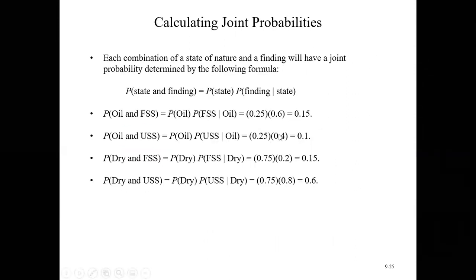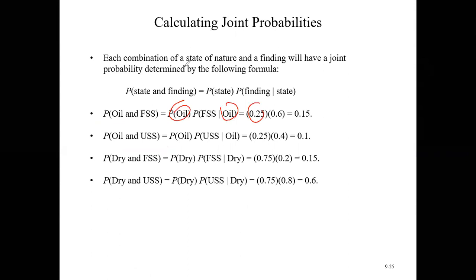Okay, so for us to be able to calculate our posterior probabilities, we need to know what our prior probability was. Our prior probability for our first state was the probability of actually getting oil, which was given to us initially as 25%.